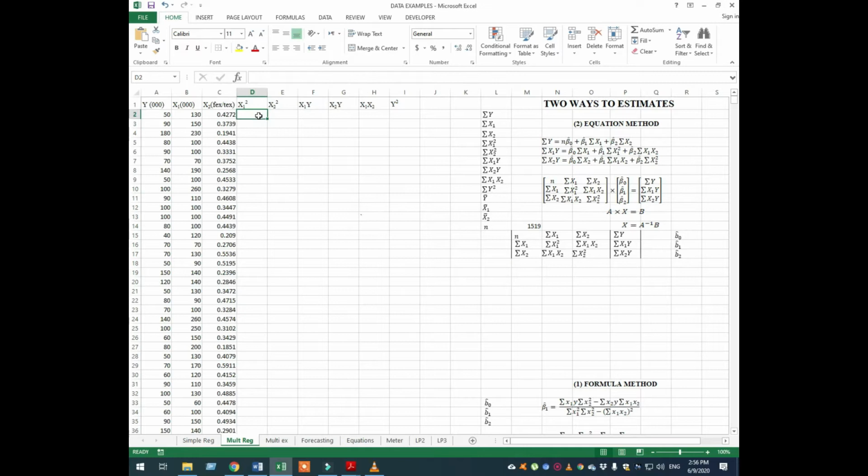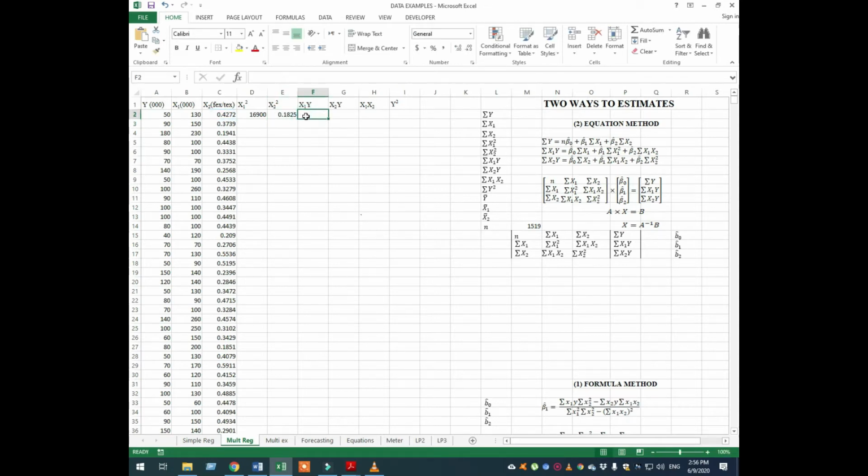For x1 square, we multiply x1 with x1, so that is x1 raised to power 2. This is the square of x2, that is x2 raised to power 2.